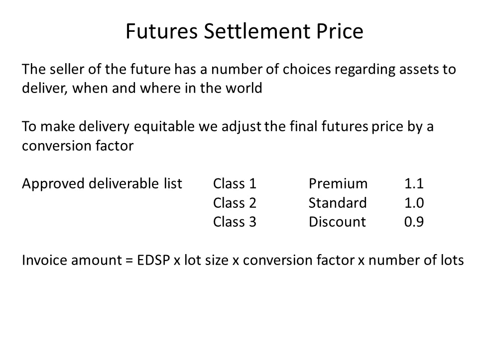So the so-called invoice amount formula, that is the amount of cash that the buyer of the futures contract pays the seller to settle the futures contract, is the final futures price, otherwise known as the exchange delivery settlement price, the EDSP. We then multiply that by the lot size, because we know that futures prices are often quoted in dollars or cents, for example, per unit of trading.